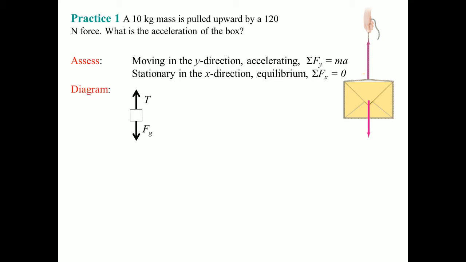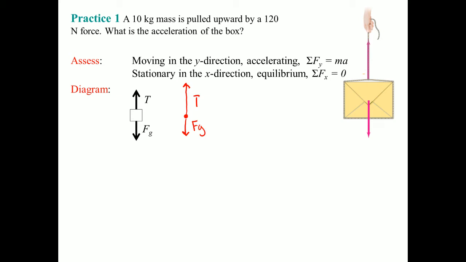Here's the diagram. There's a problem with this diagram. Here it shows that the tension force equals Fg. This is wrong. It has to look something like this. The T has to be longer than the Fg.